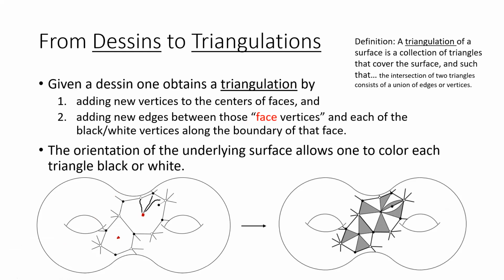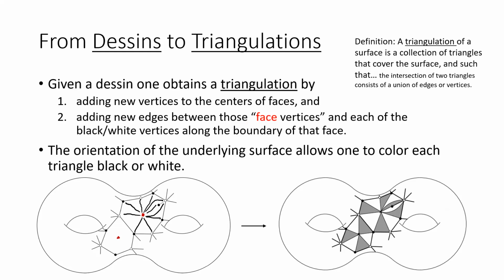So here I have all of these new edges coming in, and this splits my surface into a bunch of triangles. That's how you get a triangulation from the dessin.